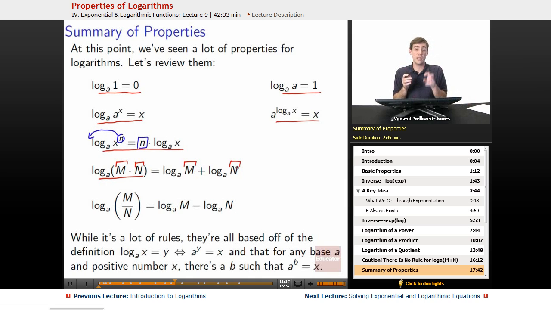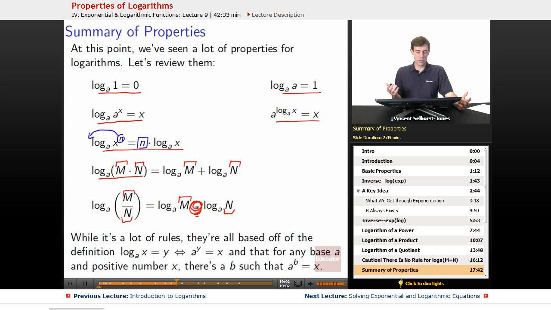So multiplication inside a logarithm becomes addition outside of the logarithm. Log a of m over n is log m minus log n. If we've got m here, n here, then we've got this minus sign right here. So division inside of the logarithm becomes subtraction outside the logarithm once we split into two logs.